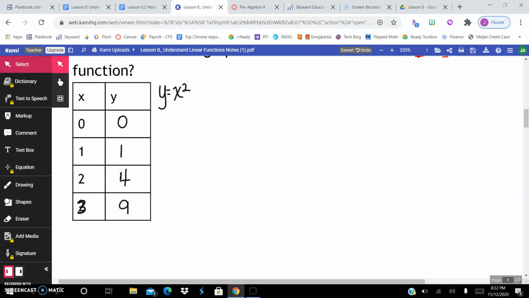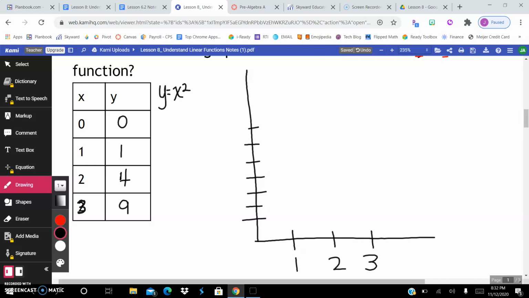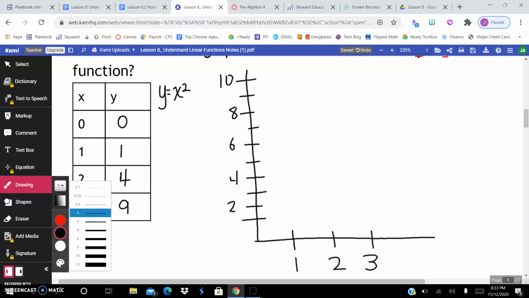So now I have to plot those points. 1, 2, 3. And I have to go up to 9. And our first point is 0, 0.